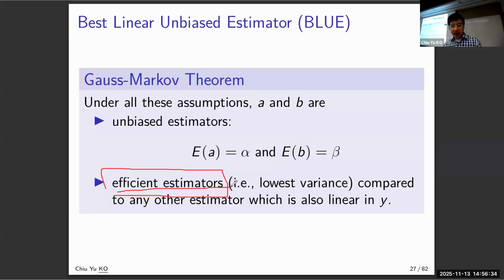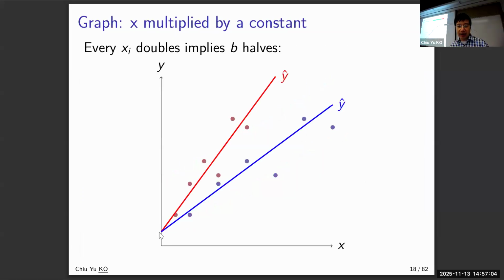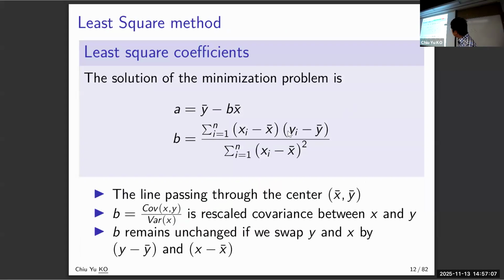And it turns out that this is the most efficient when compared to any other estimator that is also linear in Y. This is a little bit technical. That's why we call it BLUE. Linear here means that the estimator doesn't depend on a square term or constant term, right? Because when you see the estimator here, I only have Y but not Y squared, not Y cubed.